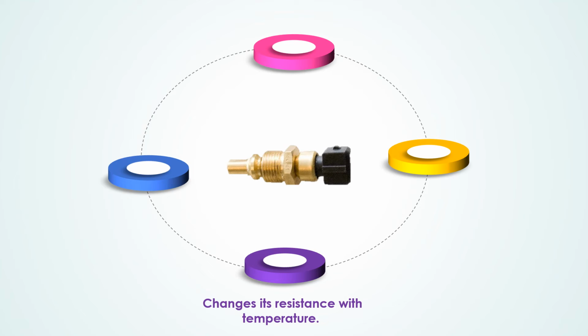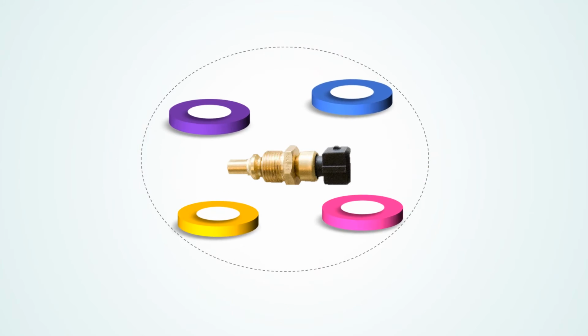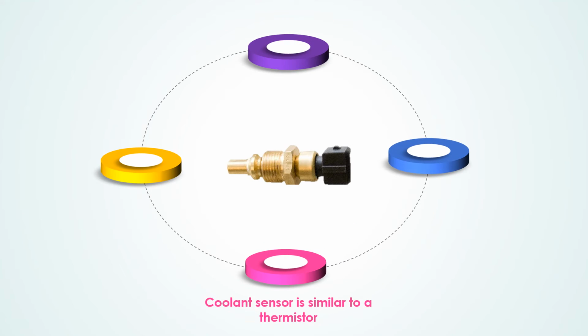This is because a cold engine requires a rich air-fuel mixture, whereas the engine running at an optimum operating temperature requires a lean mixture. Also, we can say that a coolant sensor is similar to a thermistor, based on the working principle that change in electrical resistance will be the direct product of a change in the temperature of a wire carrying current.